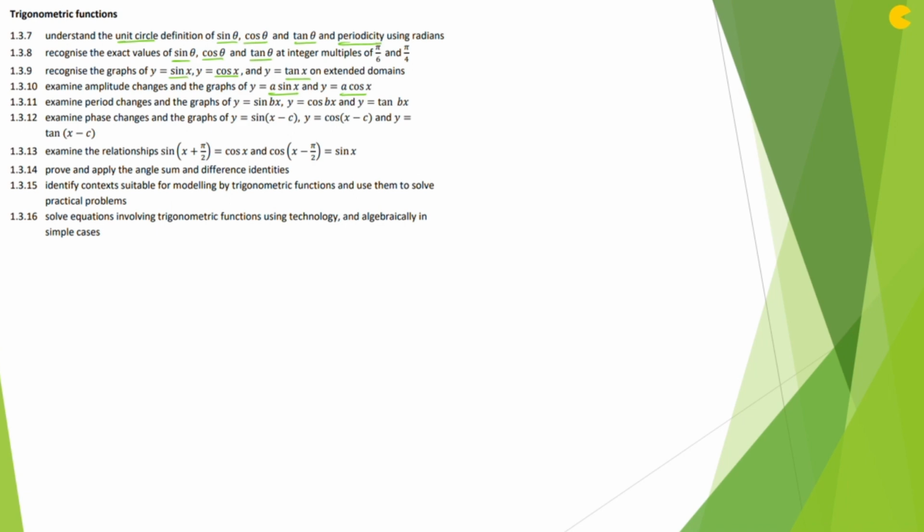Finally, we have our period b, like this. We have our phase changes. These are all transformations to our trigonometric graphs. And when we introduced the concept of phase changes, we could see that there was a relationship between our sine and cosine graphs that look like this. We also had a look at the angle sum and difference identities.